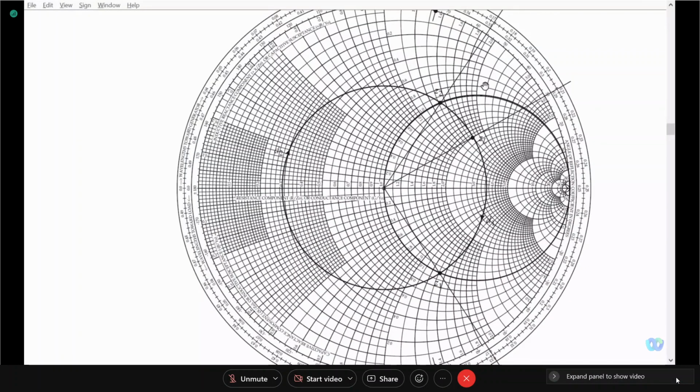So 0.5 minus, inside the bracket, 0.209 minus 0.172.